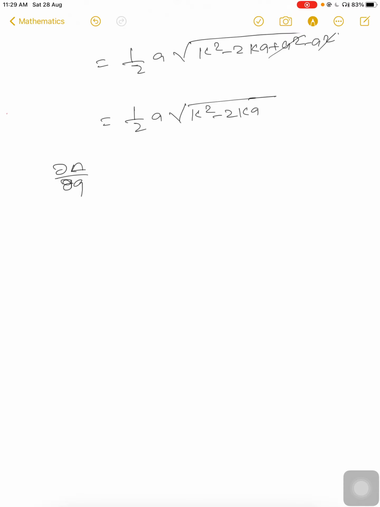After differentiation, del A by del a, in terms of a, because we take a as the variable. So what will happen?